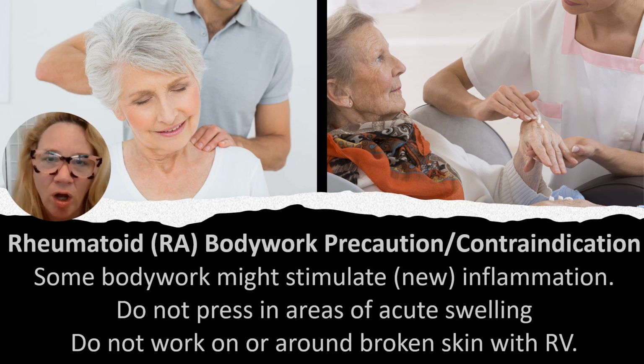These are local contraindications. However, if somebody has an acute flare-up of rheumatoid arthritis, they're in serious pain, this developed with an onset of like within an hour, that's a flare-up. And it's thought that massage might stimulate the flare-up even further, even touching the client.